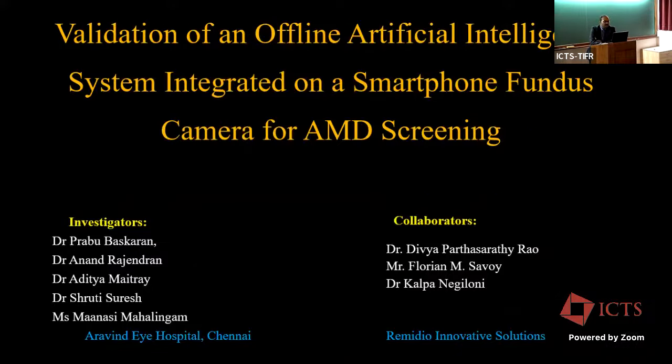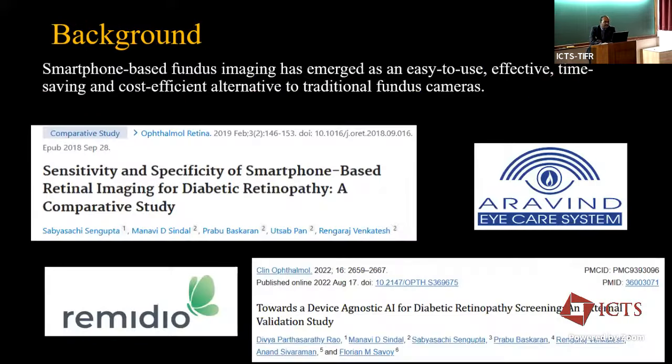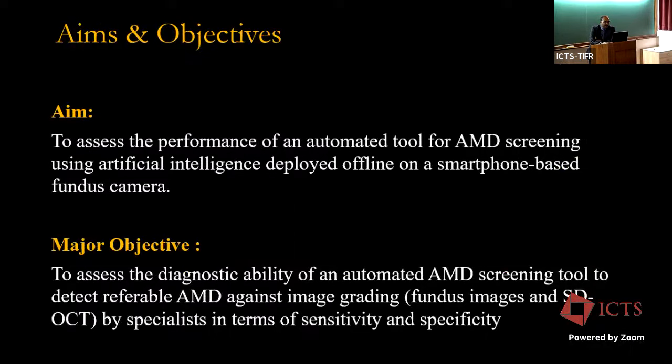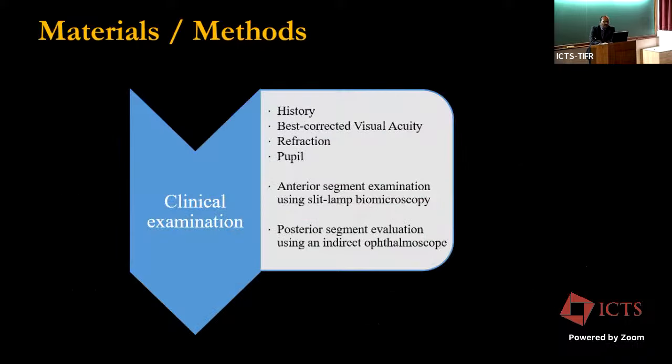So we just started off a study on validation of an offline AI system integrated on a smartphone fundus camera for AMD screening. We're doing it in collaboration with Remedio Systems at Chennai. And this is based on certain papers that we already published with diabetic retinopathy. The aim is to assess the performance of an automated tool for AMD screening using AI deployed offline on a smartphone-based camera.